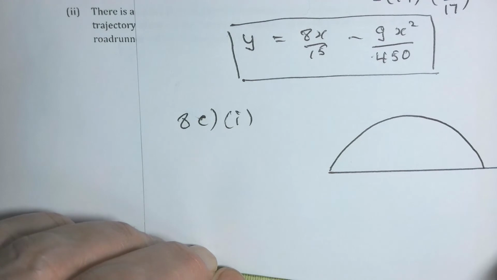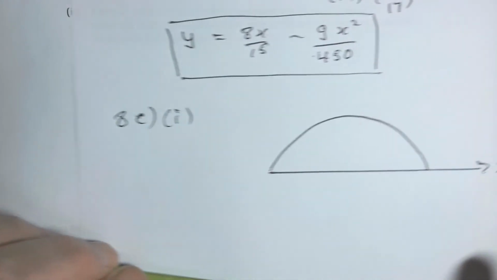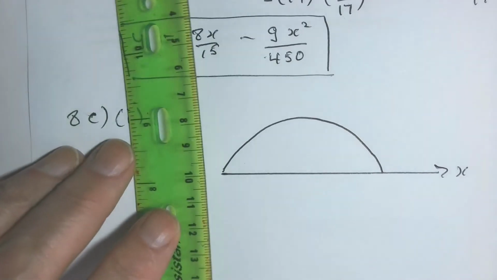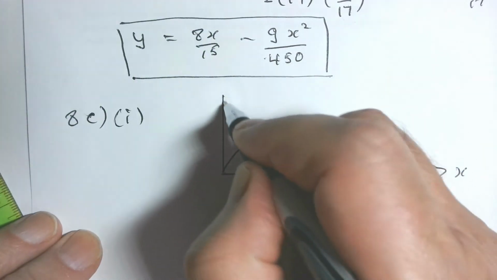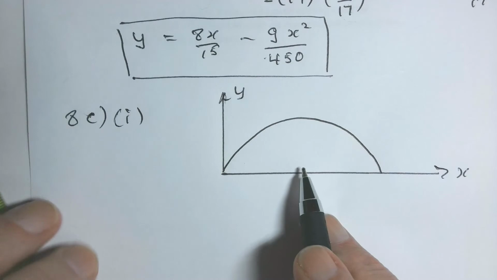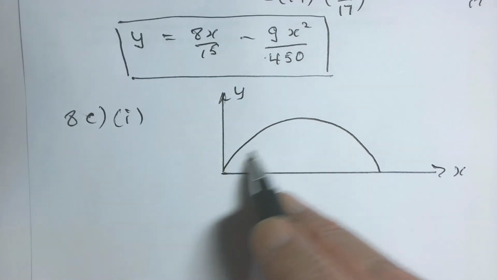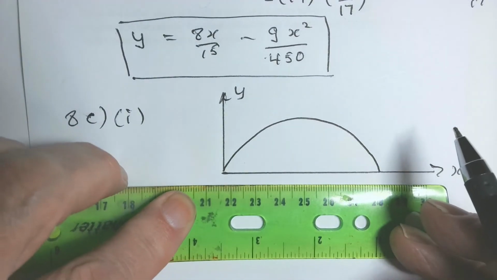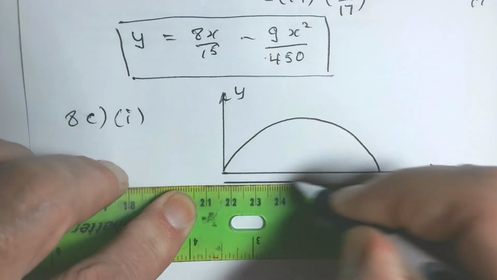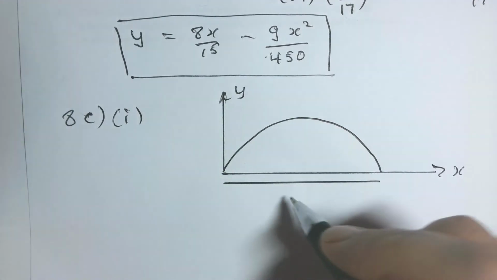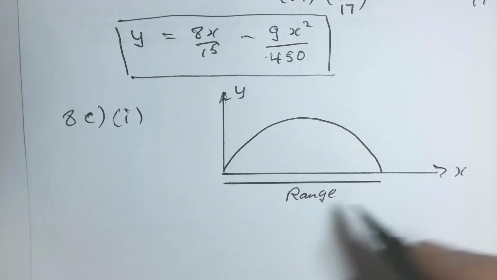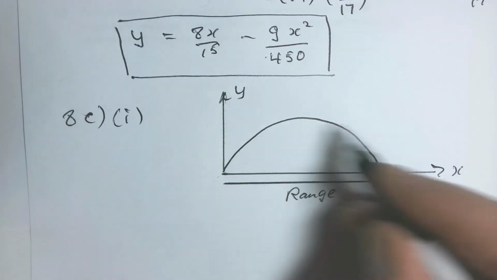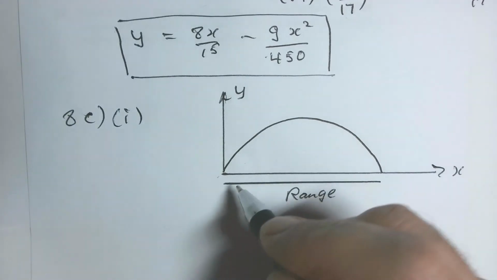We said that this is going to be the x-axis and this is going to be the y-axis, and the range is the maximum distance. This is the range, which I think I mentioned last time. It's the maximum horizontal distance that the projectile takes.